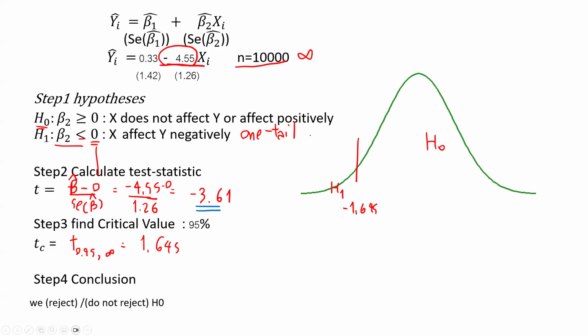Which area? Left or right? Left, right? Minus 3 point something, around here, minus 3.61. So go to H0 or H1? H1. Yes, so do we reject or not reject H0?